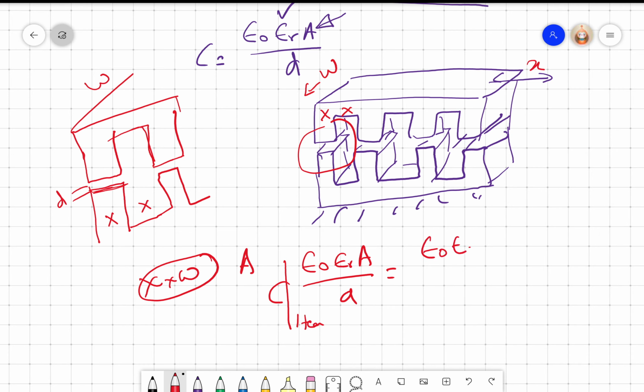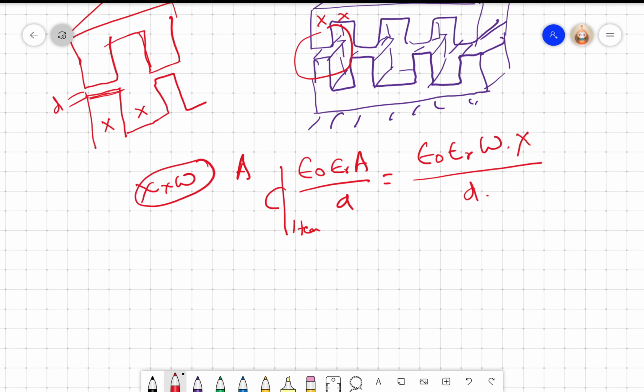Epsilon naught epsilon r, a we already know, w is the width of the comb-like structure, in the x divided by d, right?